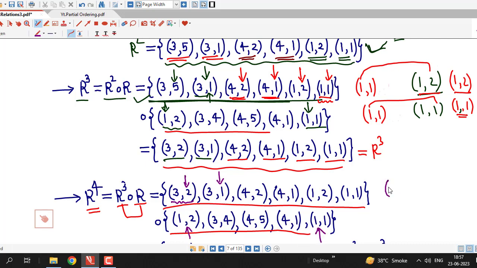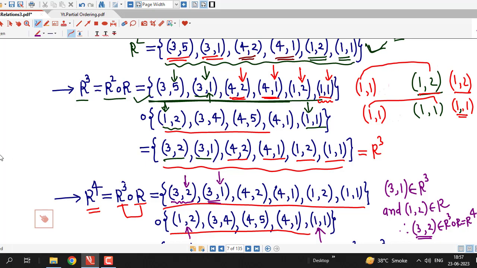So we can see 3 1 belongs to R3 and 1 2 belongs to R. I am taking these 2 ordered pairs. 3 1 belongs to R3, 1 2 belongs to R. Therefore I can say that 3 2 belongs to R3 composite R, that is nothing but R4. So corresponding to these 2 ordered pairs 3 1 and 1 2, I obtain ordered pair 3 2 in R4.